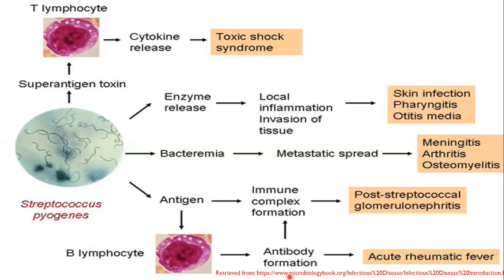Got that? Now, remember that these substances in the cell wall of these microorganisms induce an immune response. And when they do, chances are the immune system produces antibodies against these substances in the cell wall. That's the one I mentioned, the anti-DNase, the ASO, the anti-streptokinase.